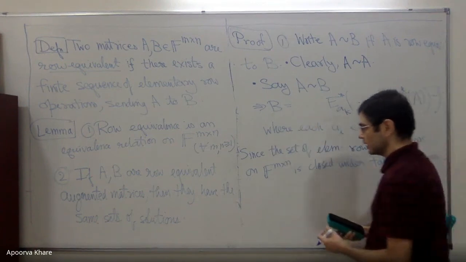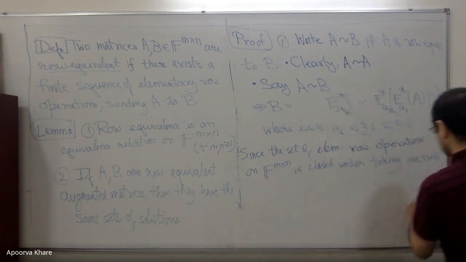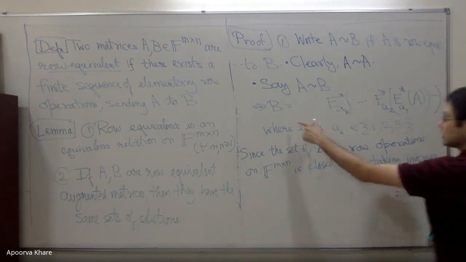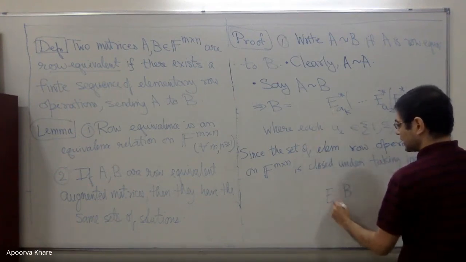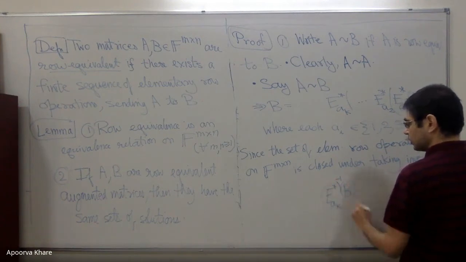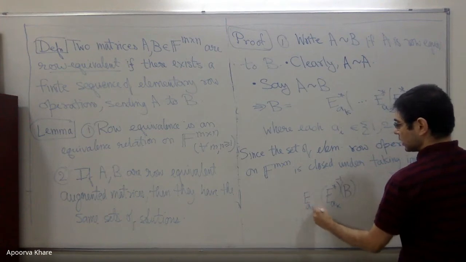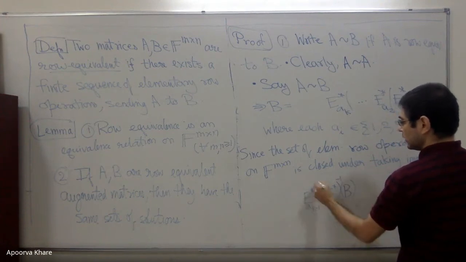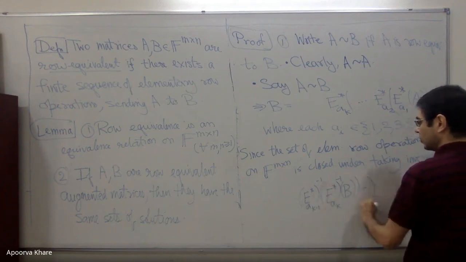So I will say A equals: first you take B, you apply this outermost element, the inverse of E_{ak}, to B. Then you take the next one, the inverse of E_{a(k-1)}, applied to this, and keep going.